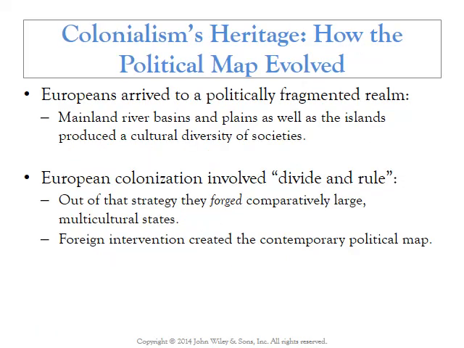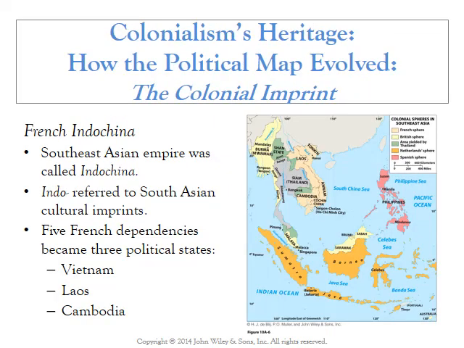How the European colonial powers moved into this Southeast Asia region and essentially divvied it up amongst the British, the French, the Dutch, the Netherlands, and the Spanish, which is no small feat considering, again, these are rather fragmented territories.